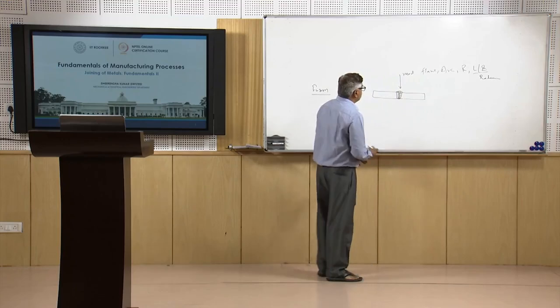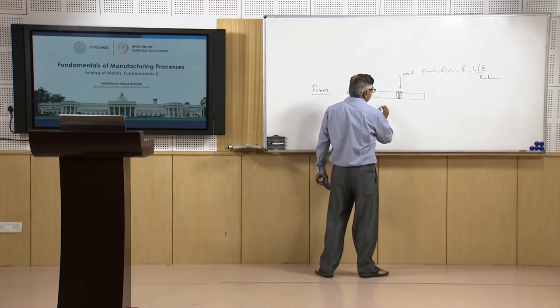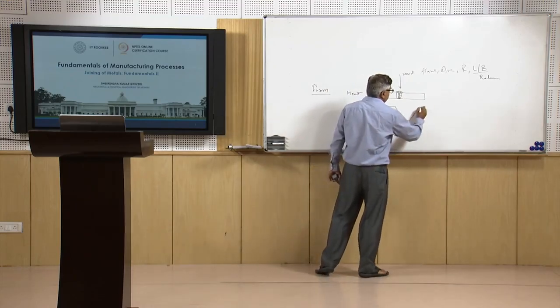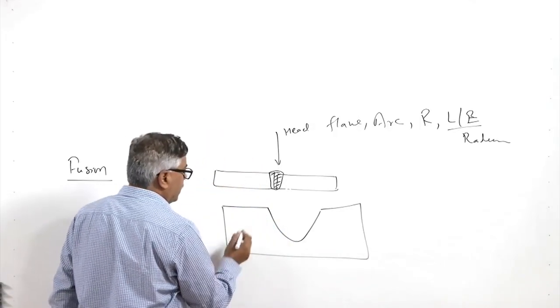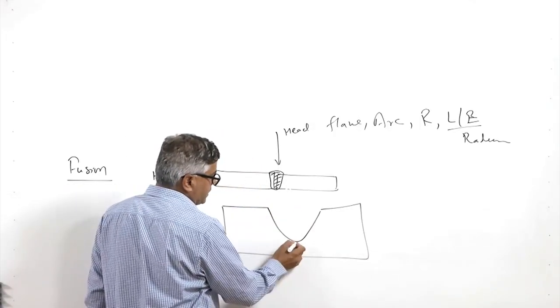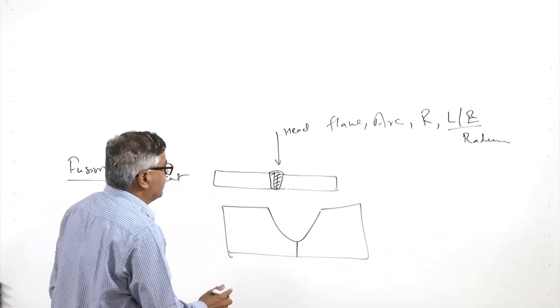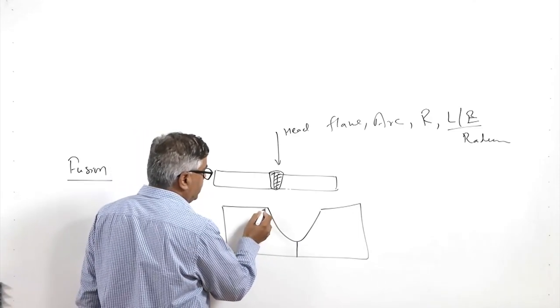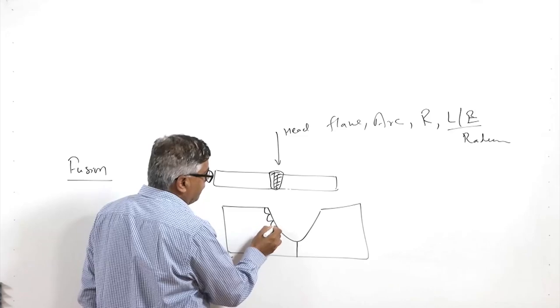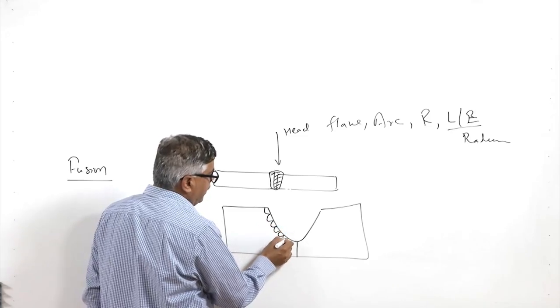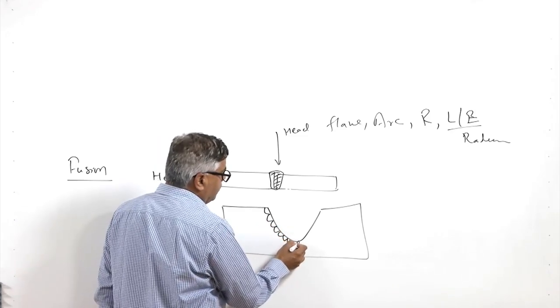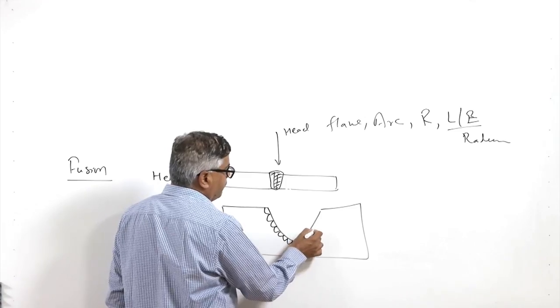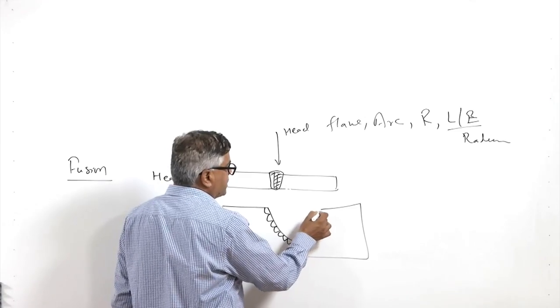In this situation, whenever solidification of the weld metal takes place, the faying surfaces have been brought to the molten state. So, there will be a number of unmelted grains, and the molten metal is also of the same composition.